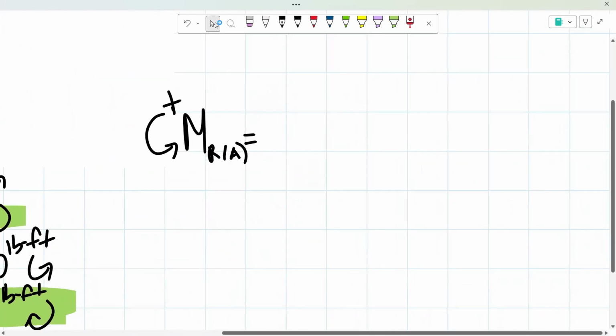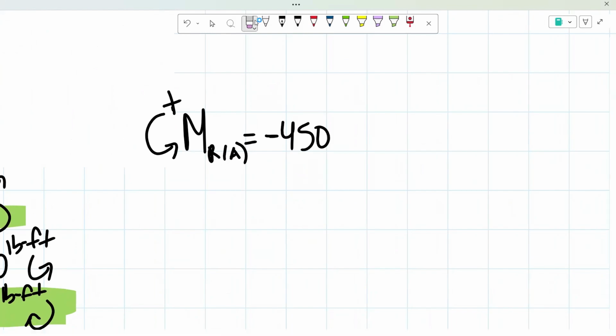So we're going to just add those up. So we have negative 450 pound feet minus the 240 pound feet plus the positive 480 pound feet.